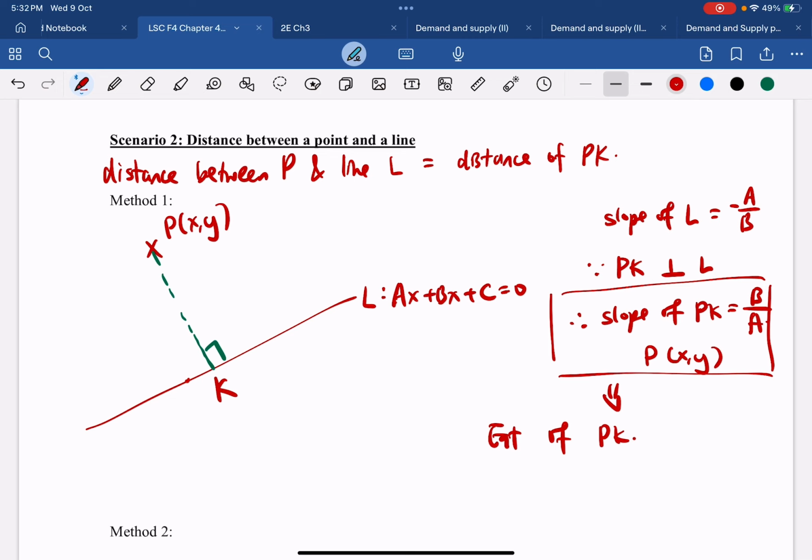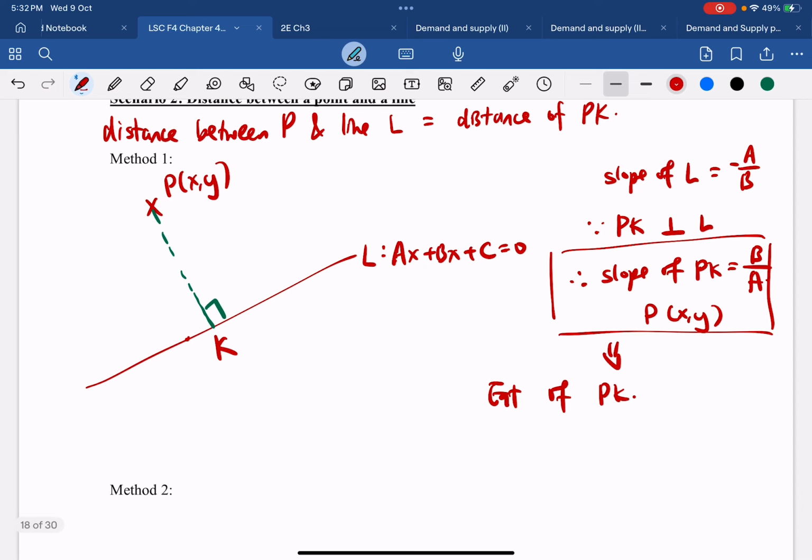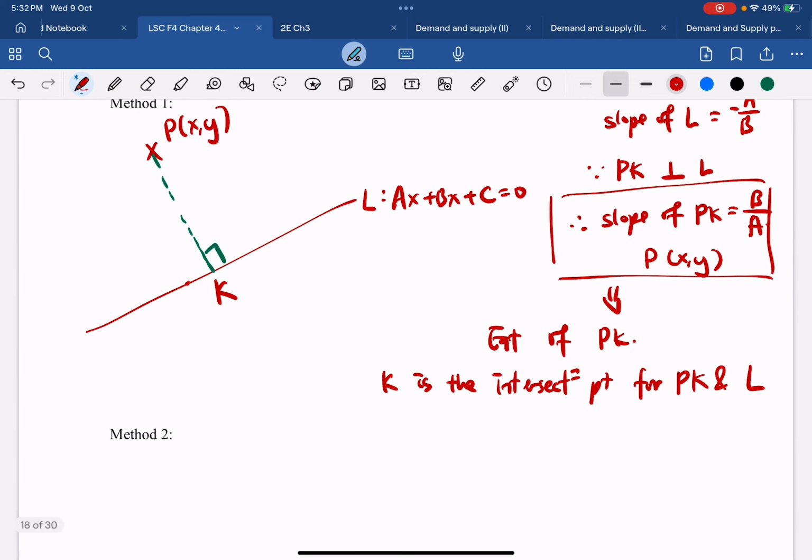即係我哋有 PK 嘅 slope，有 P 呢一點，係咪可以 point slope form 揾到 PK equation？ Then what's K? K is the intersection point of the line PK and L. So again, how to find the intersection point?